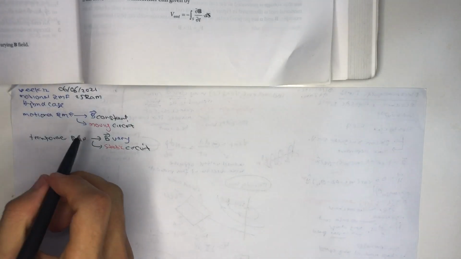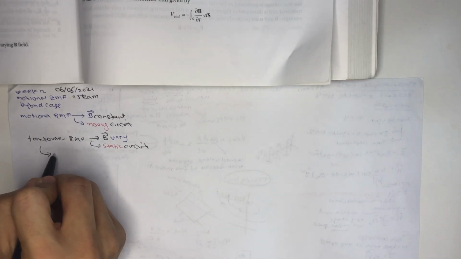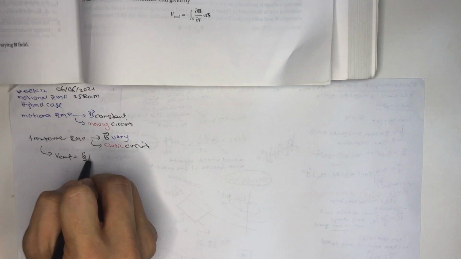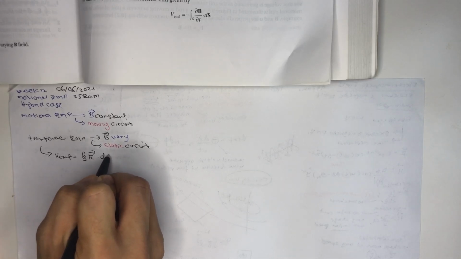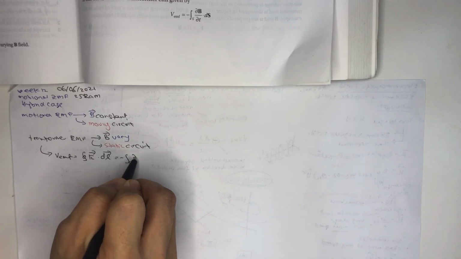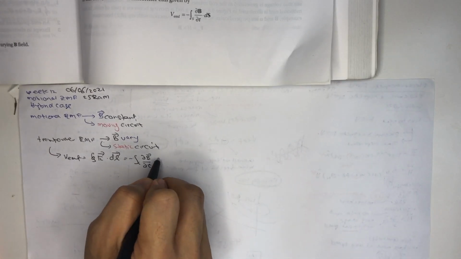For the transformer EMF, V_emf equals what you have seen in the previous lecture. I don't want to discuss further; I just want to show you the relations. This is what you learned in your previous lecture.